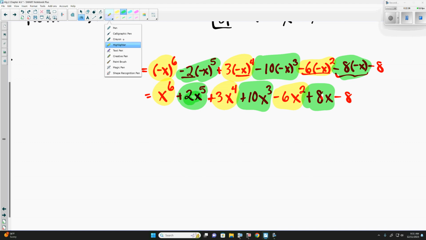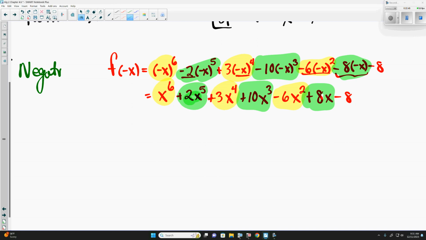Now, all we need this for is figuring out the number of negative solutions. So our number of negatives. We'll do the same thing. From x to the 6th to x to the 5th, it goes from positive to positive, so there is no sign change.